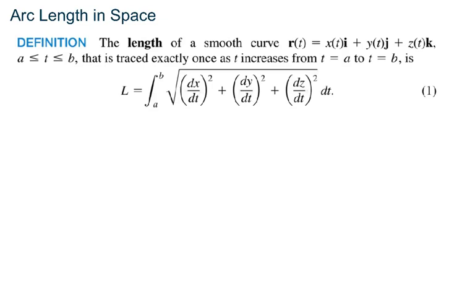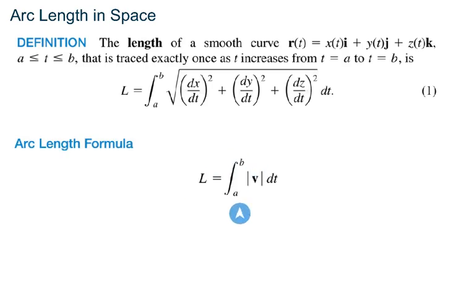We start with position, we take the derivative of position, we get velocity. If we were to find the magnitude of the velocity vector, that would be essentially just finding this integrand here, the square root of the sum of the squares of these derivatives.